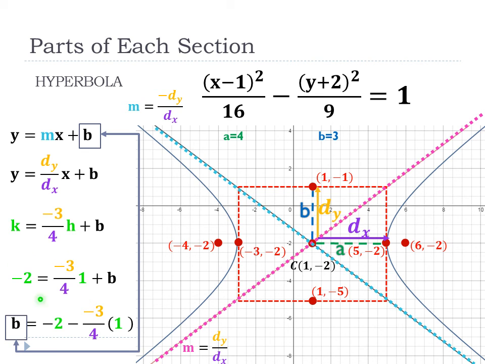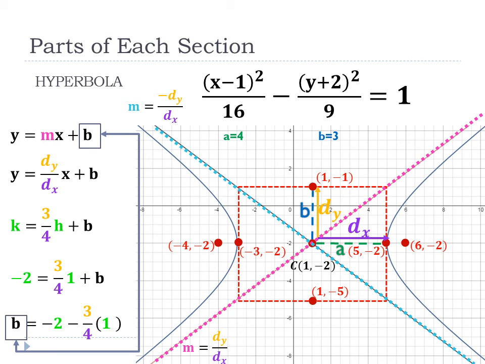Therefore I substitute it, solve for b and get this. So this will be b, only b, for my blue asymptote. This b I have to put back in the original equation with the slope I found, and I'm going to get the equation of the asymptote.